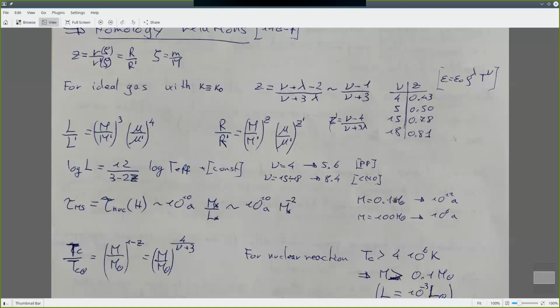And the smallest stars live 100 times more than the entire universe in the main sequence. That means that all the stars of this kind formed at the beginning are still there. While if you consider 100 solar masses, almost the limit, it is just 1 million years, the time that they are spending on the main sequence.